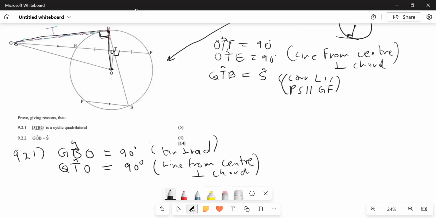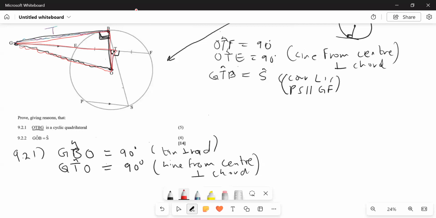And then if these two are equal, then we've already created our same segment. Can you see? Here's our same segment there.